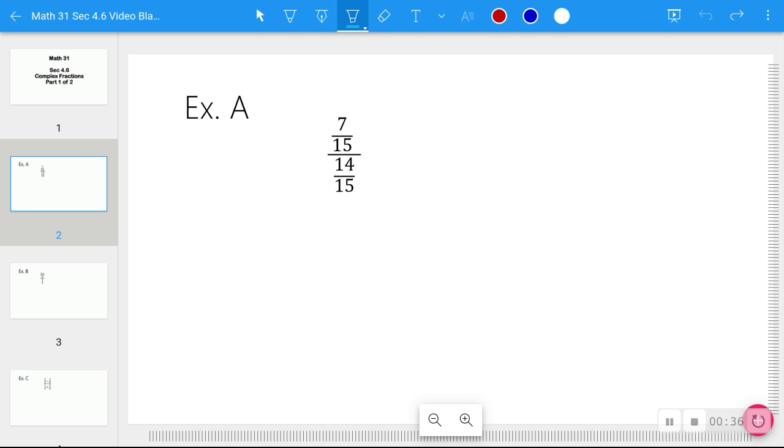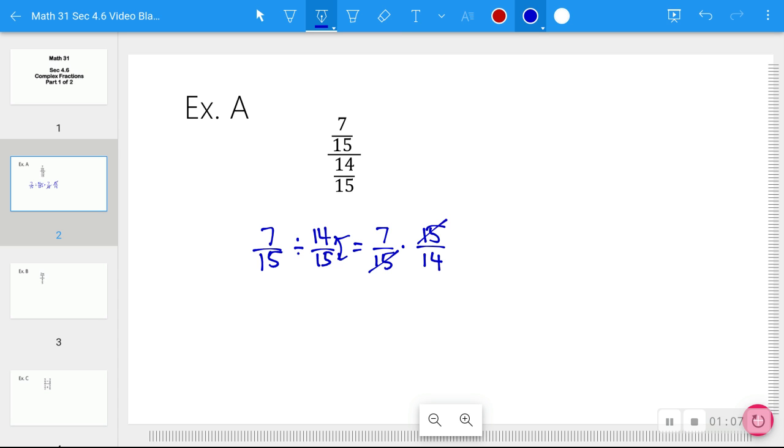Now, one way to handle this, which isn't the way I'm going to be doing it on most of these problems, is to interpret this middle fraction bar as a division. So that would look like this: 7/15 divided by 14/15, and then we simply take the division algorithm that we learned earlier. You change it into a multiplication by the reciprocal of the second fraction, the upside down version here.